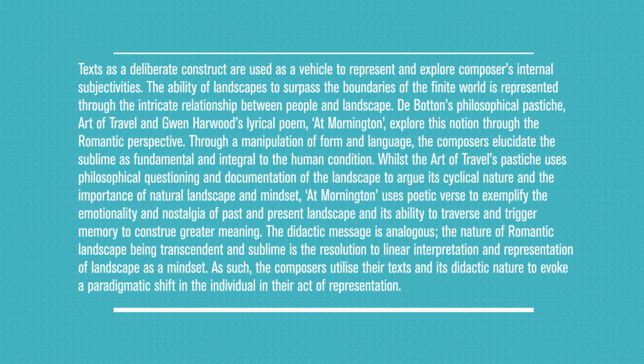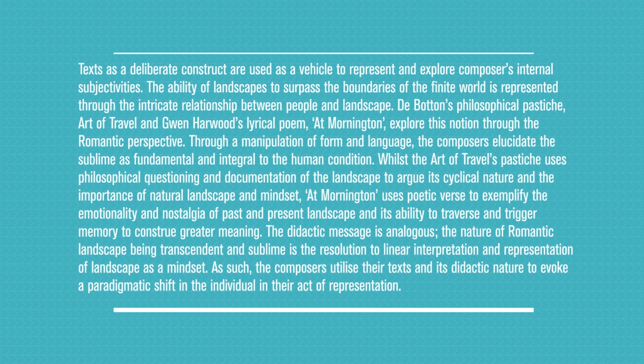Whilst the Art of Travel's pastiche uses philosophical questioning and documentation of the landscape to argue its cyclical nature and the importance of natural landscape and mindset, At Mornington uses poetic verse to exemplify the emotionality and nostalgia of past and present landscape and its ability to reverse and trigger memory to construe greater meaning. Notice, look, he's comparing them, but now he's moved beyond to show how they're different.